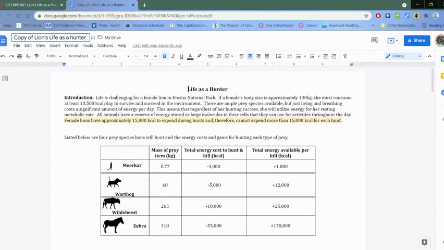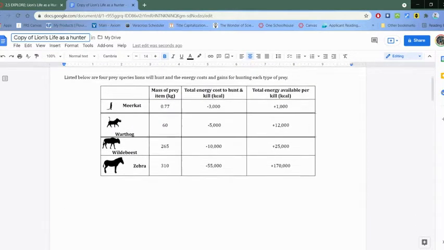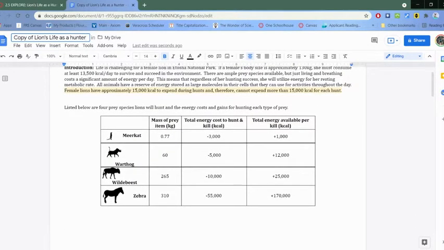Basically, what it's saying is that female lions can expend about 15,000 kilocalories while they're hunting in order to get the amount of food that they need. So they can't expend more than 15,000 kilocalories. This gives you an idea of the different prey species of lions.